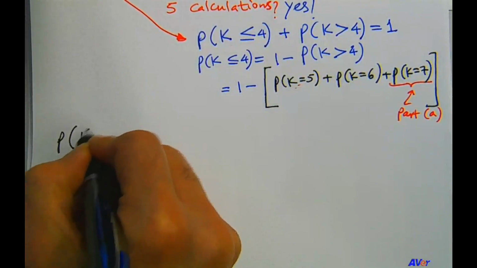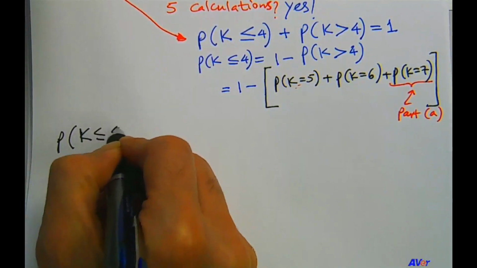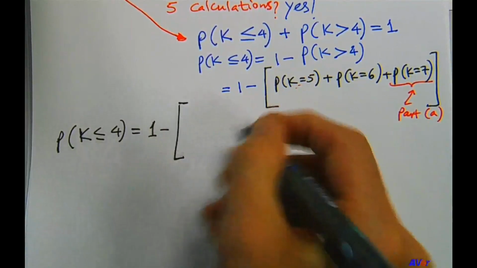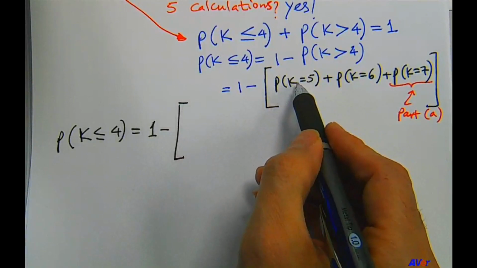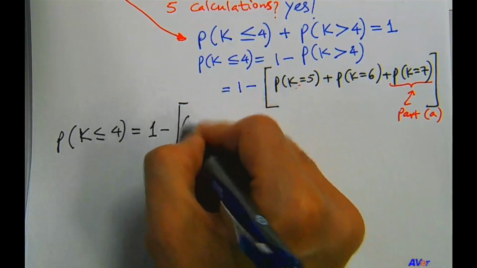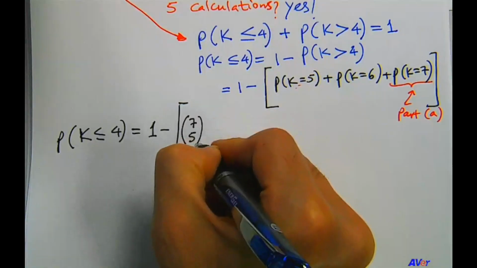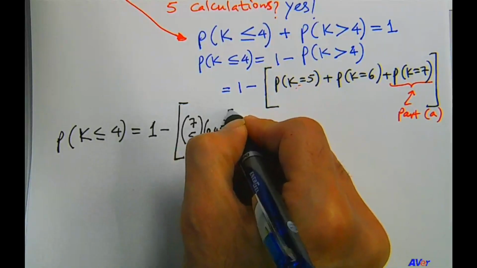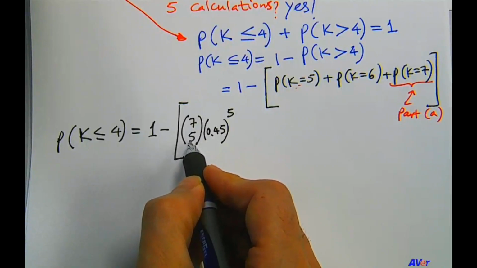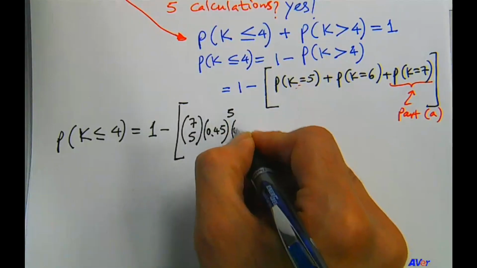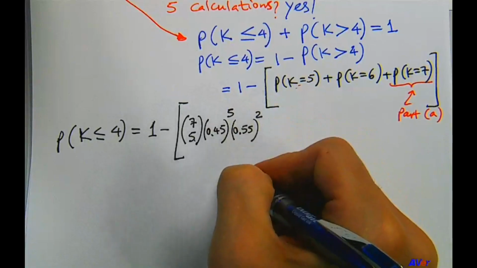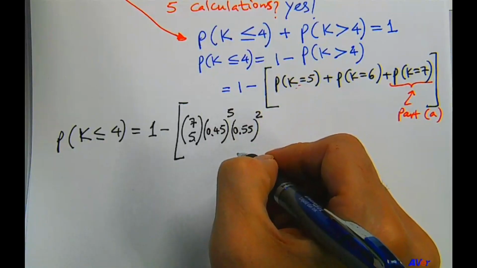So probability that k is less than or equal to 4 is equal to 1 minus. I'm going to apply the binomial probability model to this one. 7 choose 5, right? Times 0.45 to the 5th power, which is the power of the success is equal to the number of successes, times 0.55 to the 7 minus 5, second power, or squared.